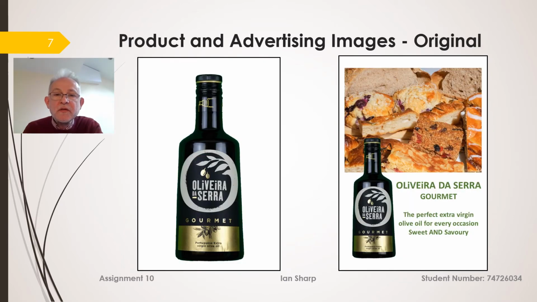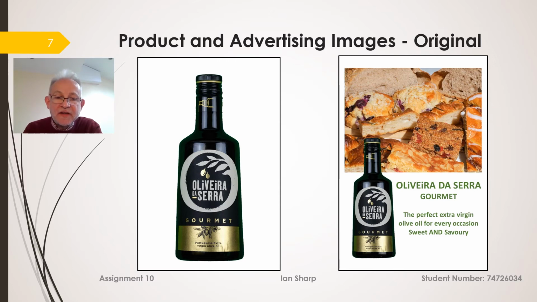Looking just at the two individual images, on the left hand side I present to you the product image. So against a white background, a clearly defined dark coloured bottle, slightly off black. By using a low camera angle, the text at the bottom of the bottle is very clear and readable, Portuguese extra virgin olive oil.